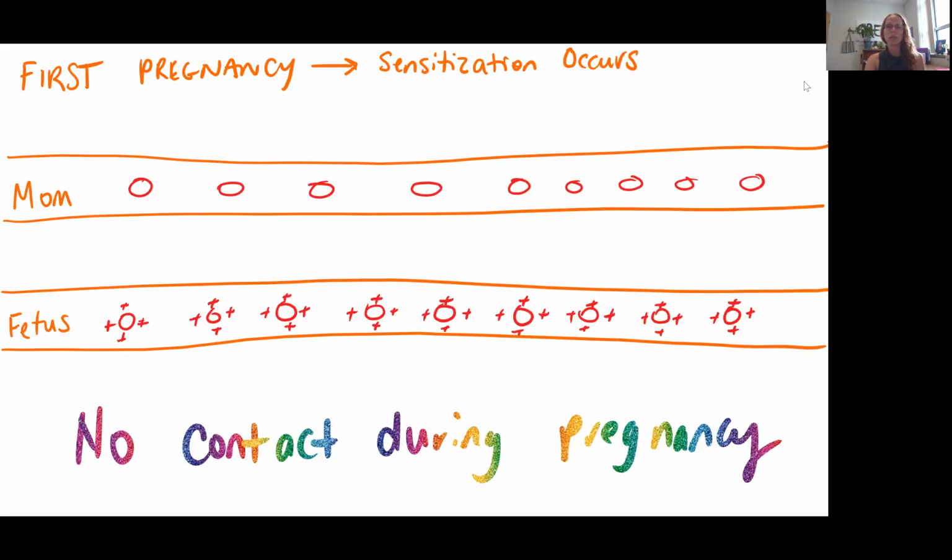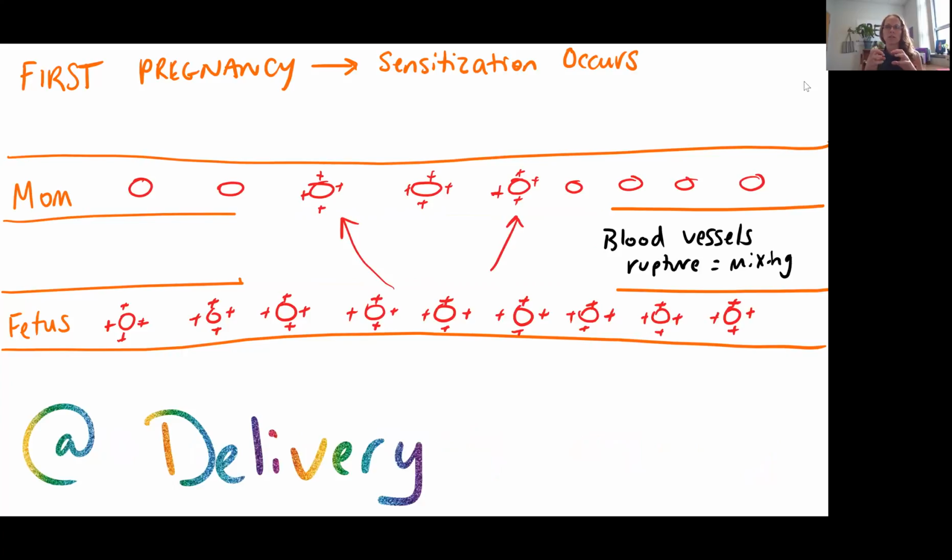Now, during the process of labor and delivery, there's lots of breaking of blood vessels happening in that placenta. So you're going to have rupturing of both fetal capillaries and maternal capillaries. During this period, you can have some mixing of blood. So some of those fetal blood cells will actually move into the maternal blood supply.